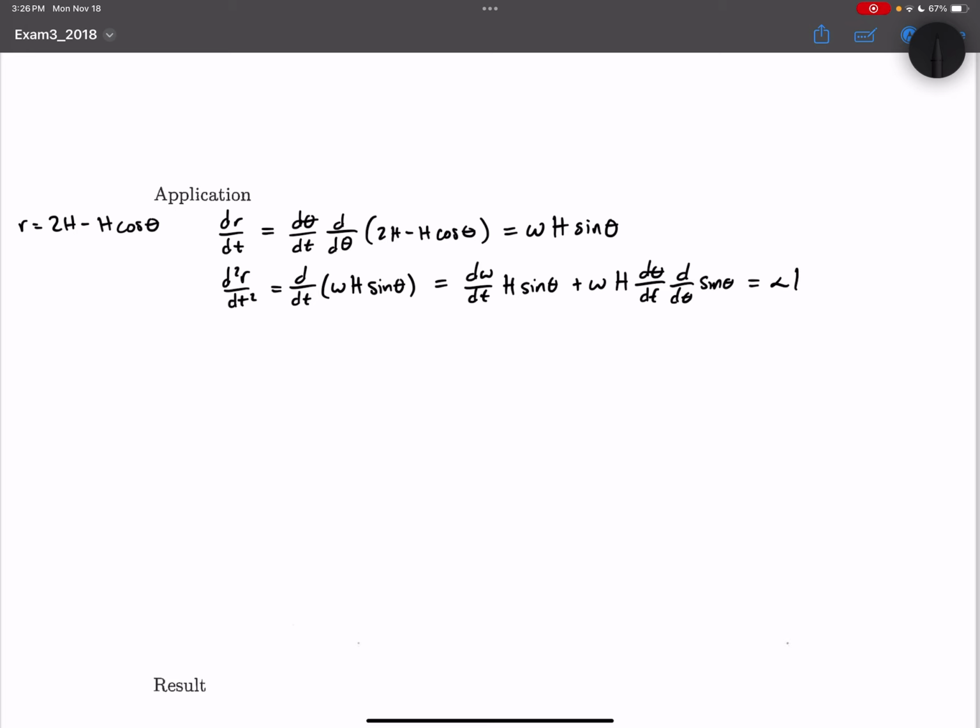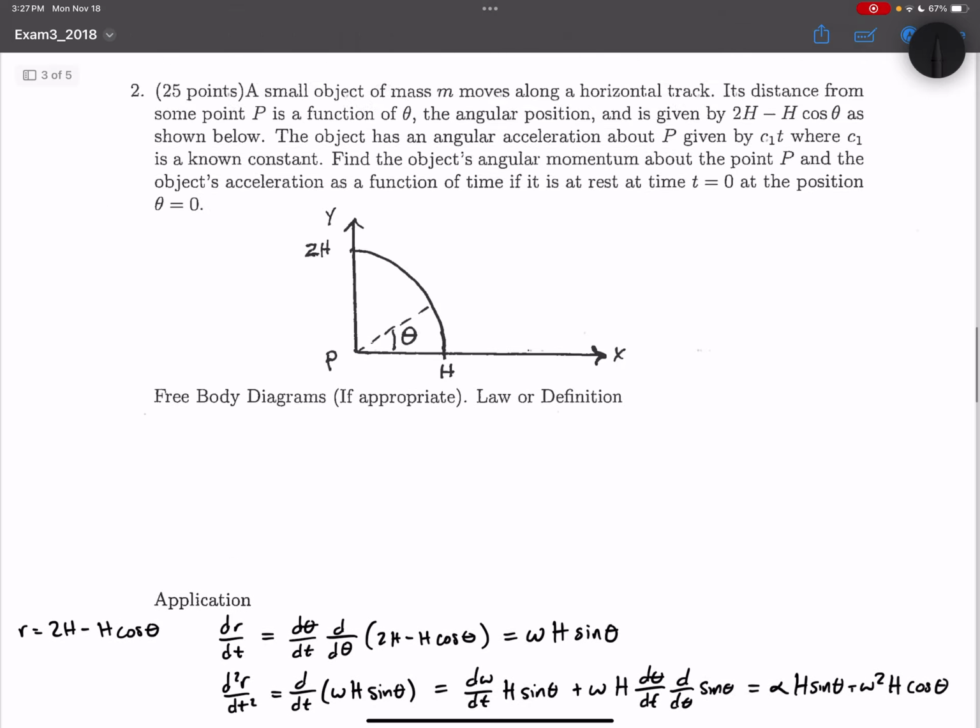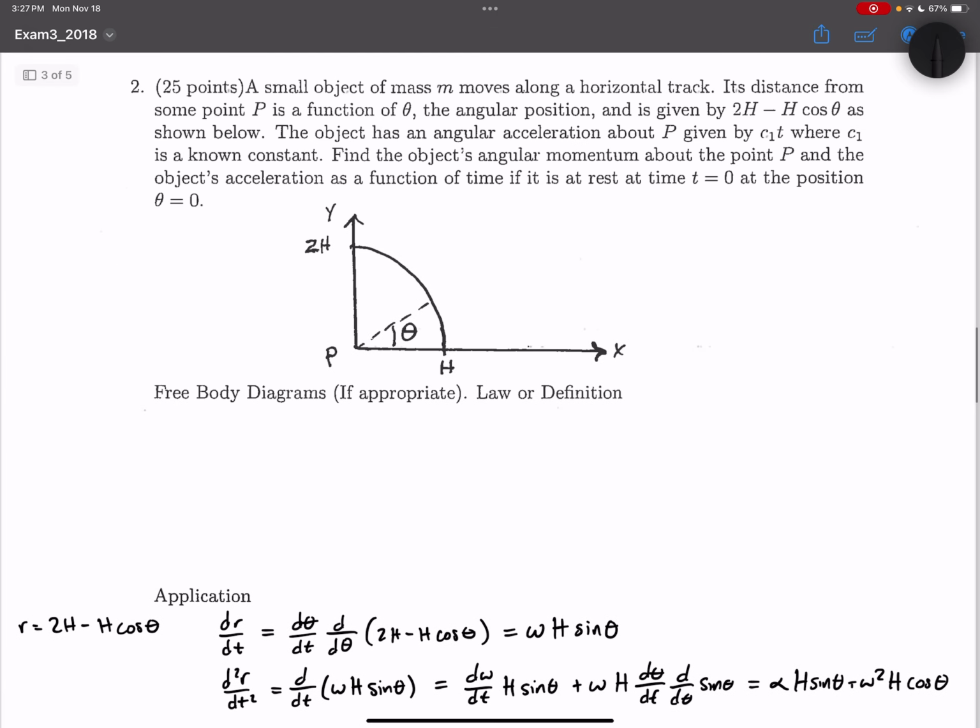That's alpha, so we can write alpha h sine theta plus omega squared h cosine theta. That should be right. If it's not, I can re-upload this video, I guess. So that's a good thing to start off with.